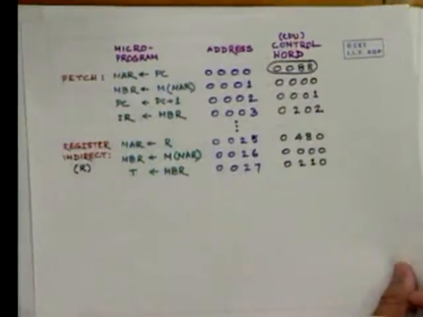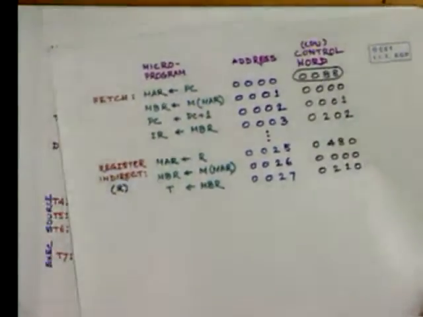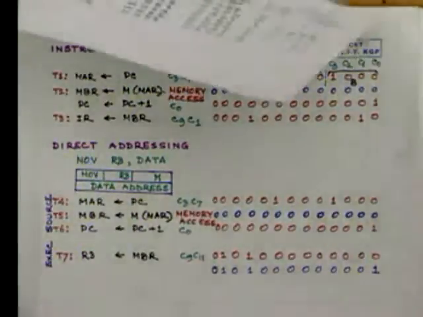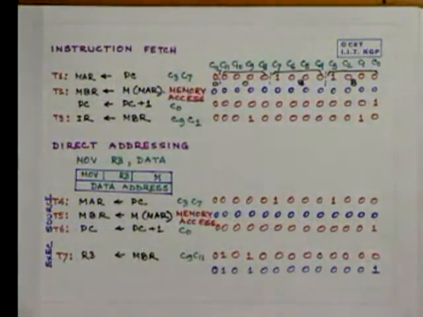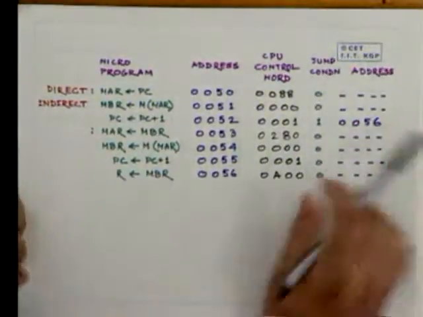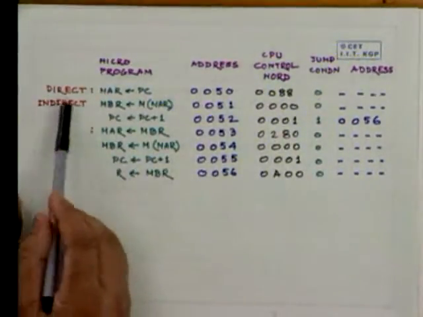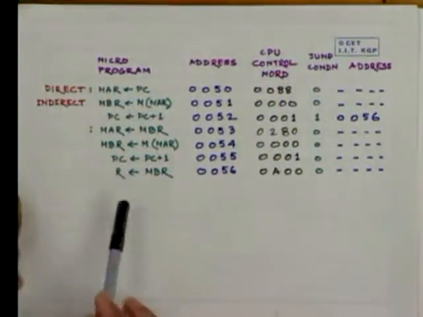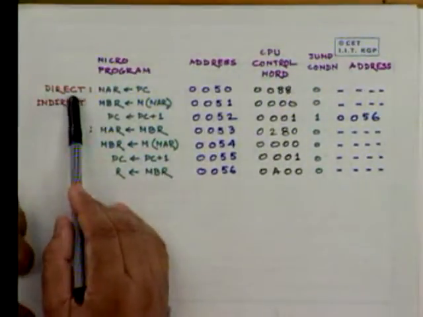Now, let us take another example, the microprogram for the addressing mode direct, indirect. If it is direct, let us see what happens.